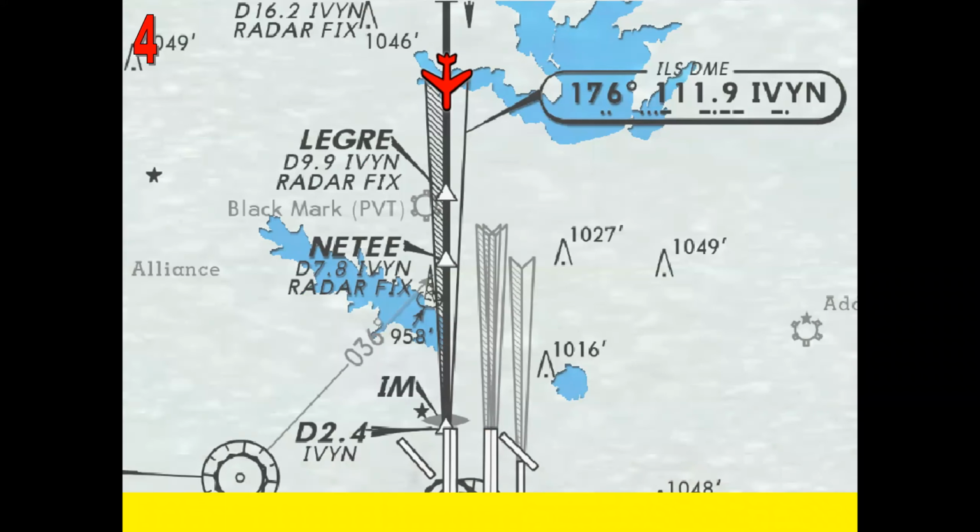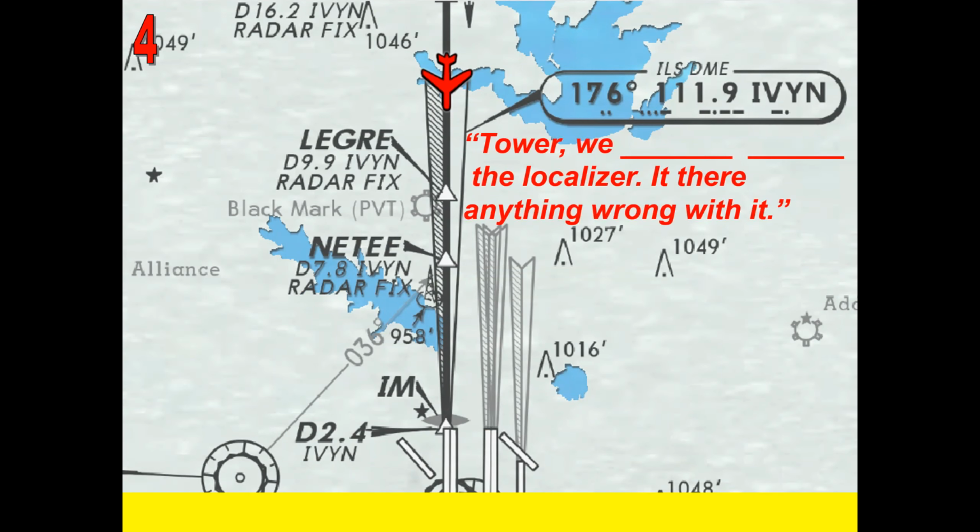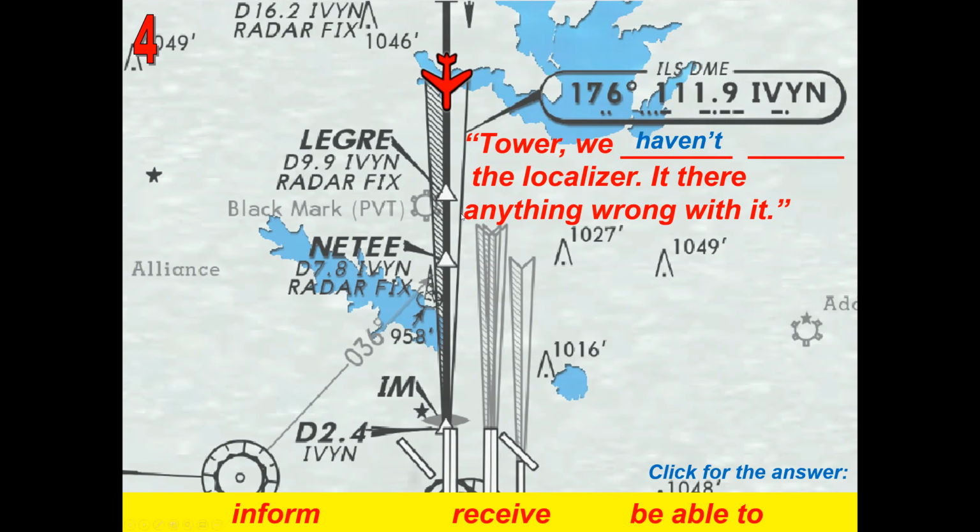All right, back to Miguel. Tower, we blank the localizer. Is there anything wrong with it? I think we receive is your choice there. Yeah, Tower, we haven't received the localizer. Again, that is a little tortured phraseology.